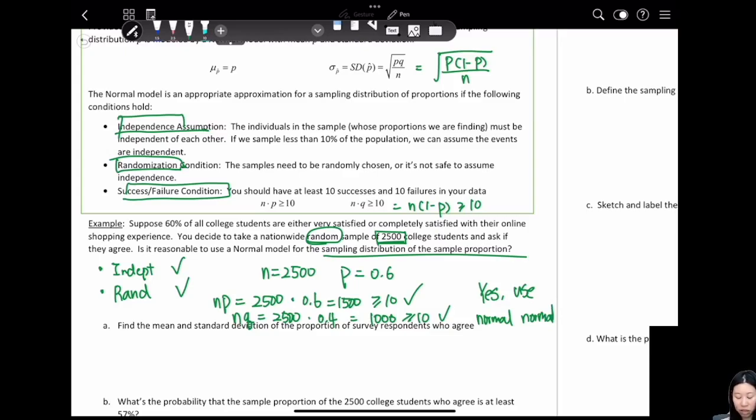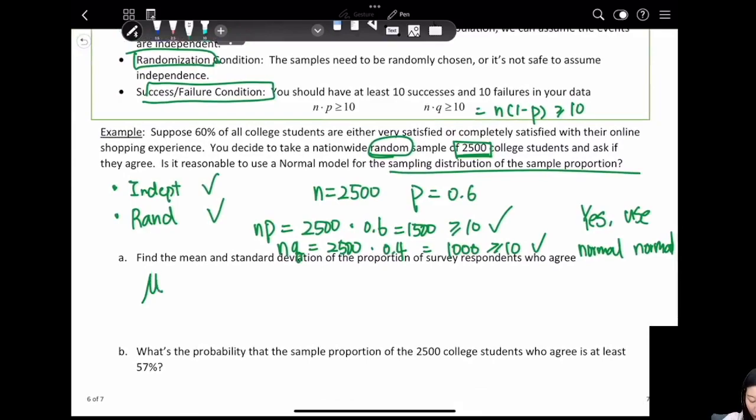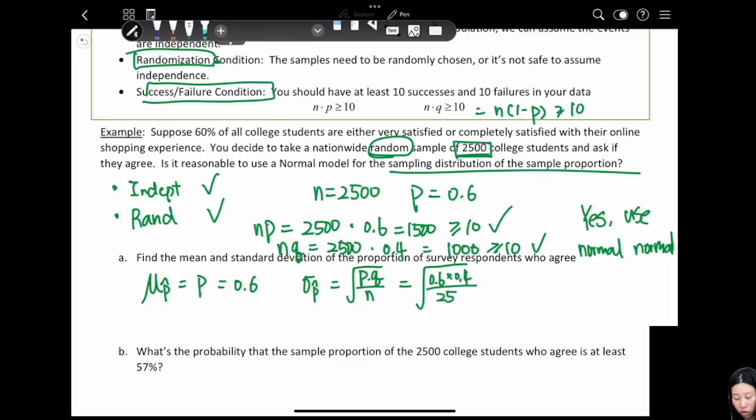So find the mean and standard deviation of the proportion of the survey. Okay, now take a look. The mean of our proportion should equal the proportion, which is 0.6. Now, what about the deviation? The standard deviation, also called standard error, equals the square root of p times q over the sample size. So we have p equals 0.6 times 0.4 divided by n equals 2,500.